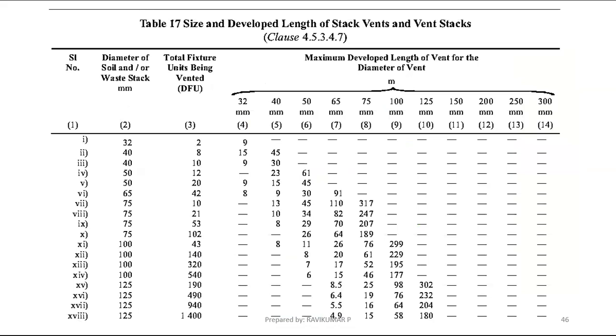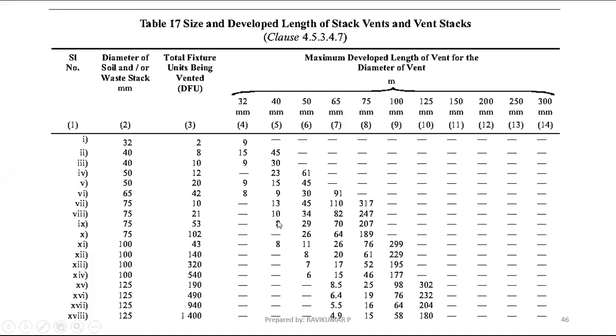For the 75 mm pipe they have given 10 fixture units, 21 fixture units, and 53 fixture units, and 1 or 2 fixture units they have provided. Which one is covered in our system? We have to choose. If we have to vent 53 fixture units, you have to take this row only.